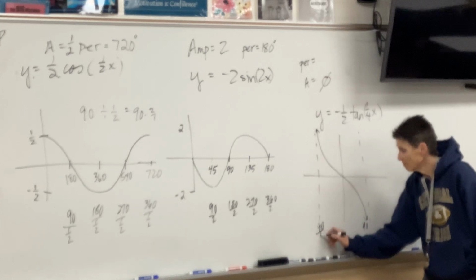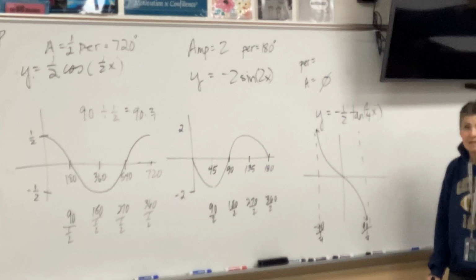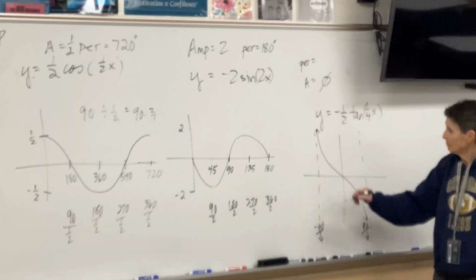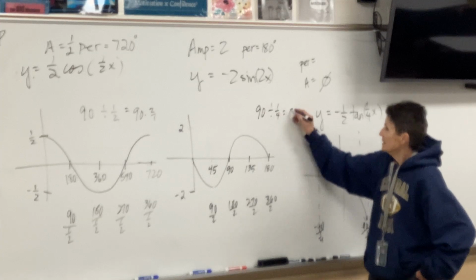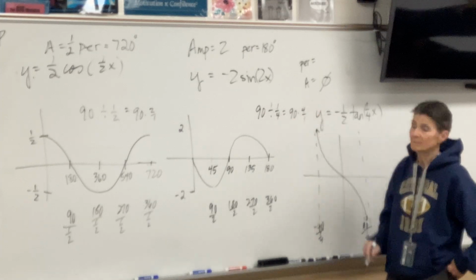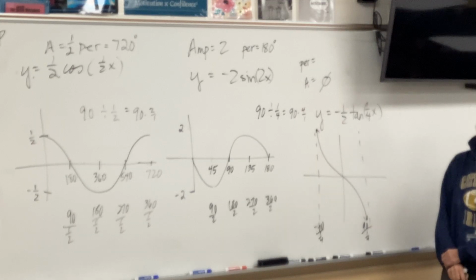All right, period. Well, I know normally these are negative 90 and 90. I'm dividing by a 4th. So hopefully we're getting the kinks worked out of this. 90 divided by a 4th is 90 times 4/1. 90 times 4 is 360.